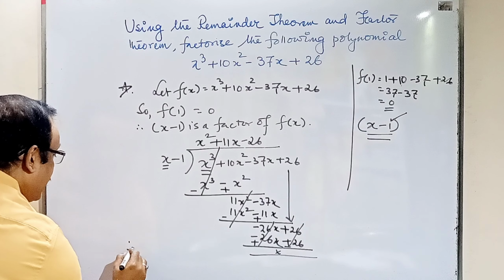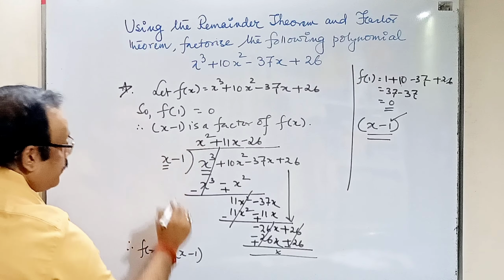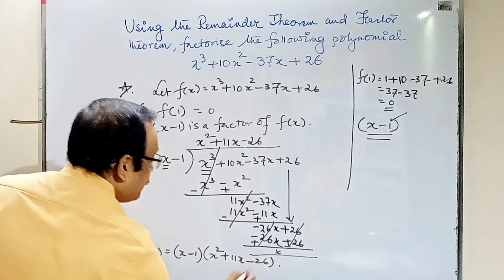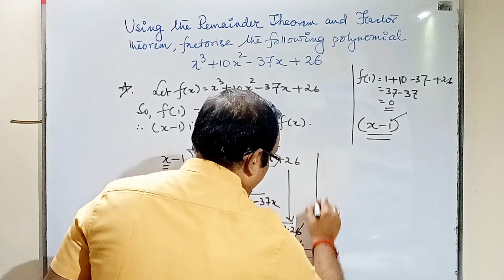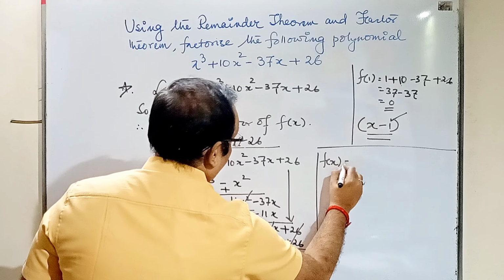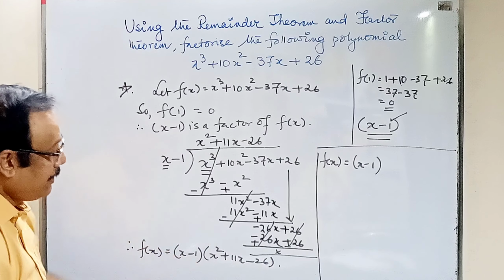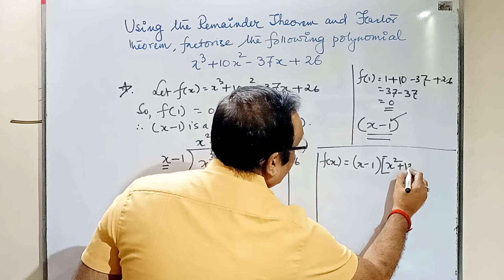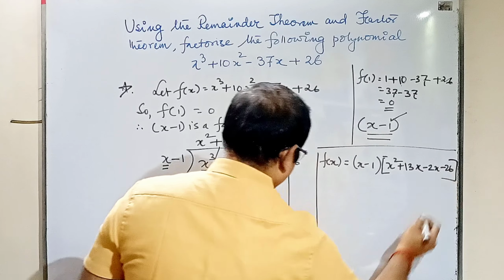So what we get is f(x) equals x minus 1 into x square plus 11x minus 26. This we will go for middle term factorization. We split the middle term: x square plus 13x minus 2x minus 26.